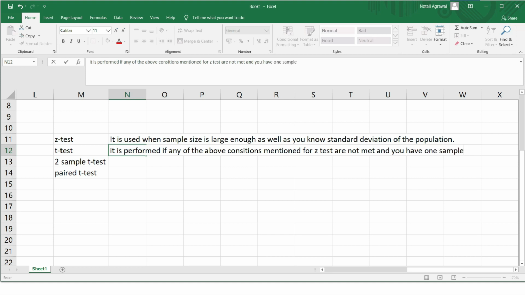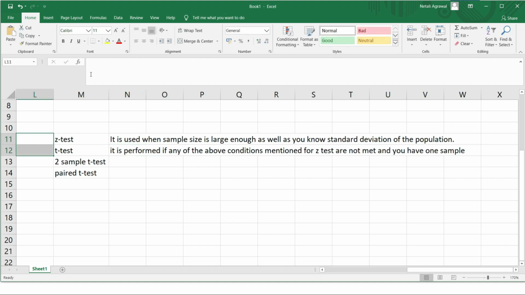Either your sample size is small or you don't know the standard deviation of the population, go ahead and perform a t-test. Students and professionals are always confused about when to perform which test. That's why I'm giving you these thumb rules. Both these tests are for one sample only.